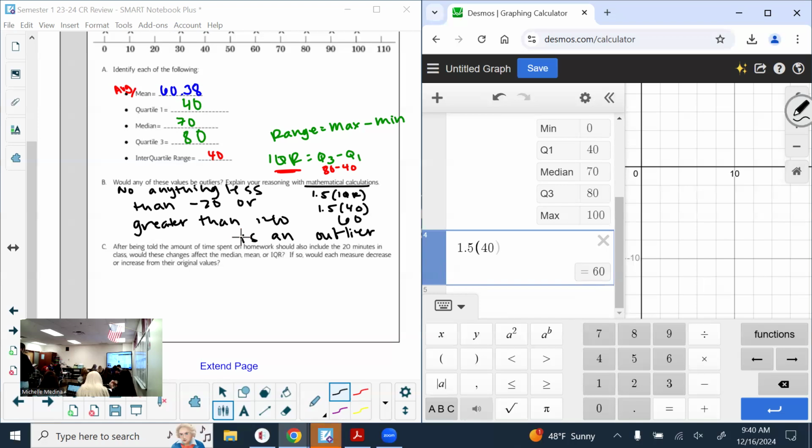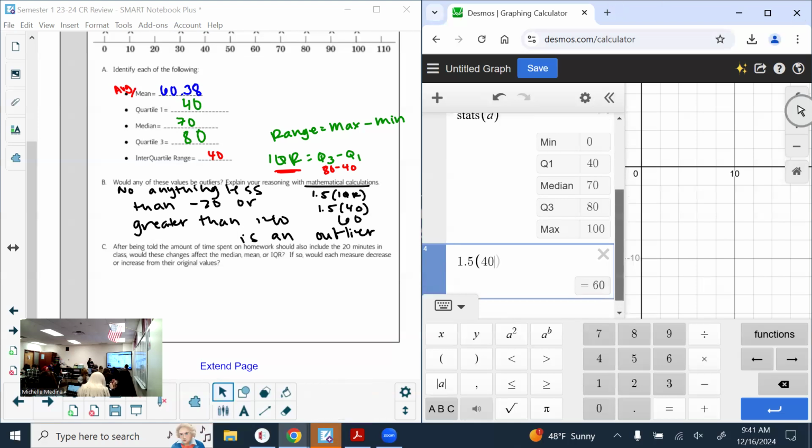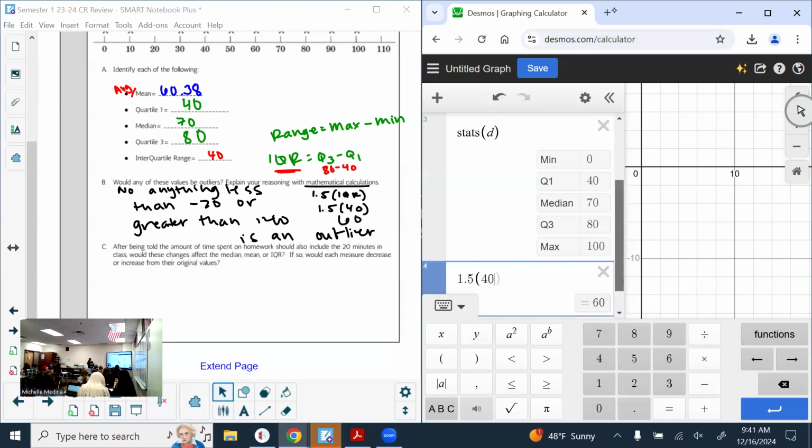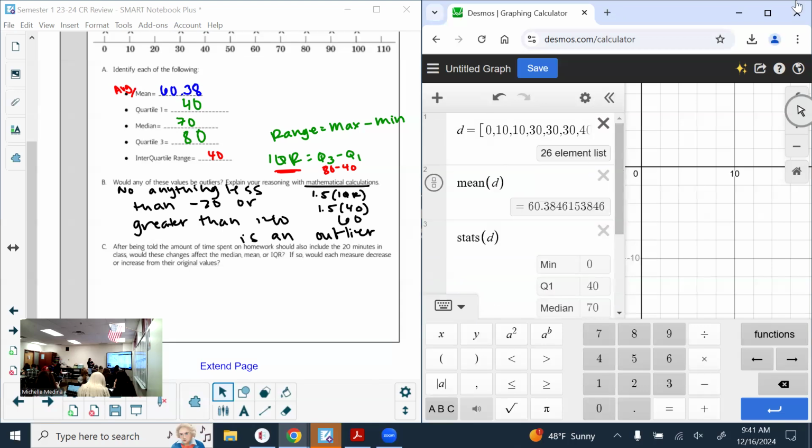Then it says, after being told the amount of time spent on homework should also include the 20 minutes in class, would these changes affect the median, mean, or IQR? If so, would each measure increase or decrease from their original values? So we're adding a 20 to the data set. That's why I did erase it earlier, because I have a feeling we're going to add a 20.